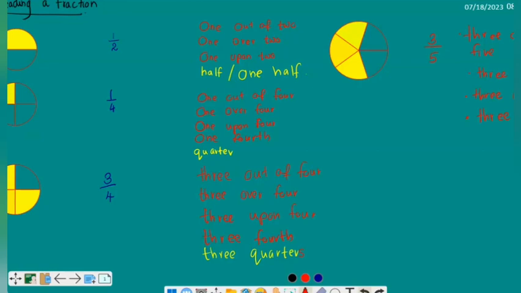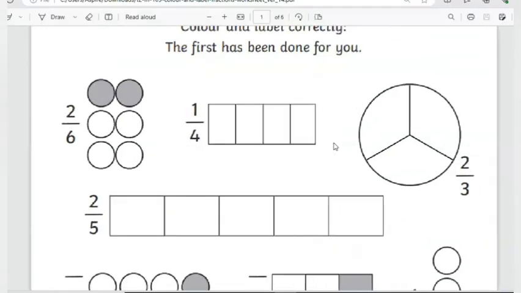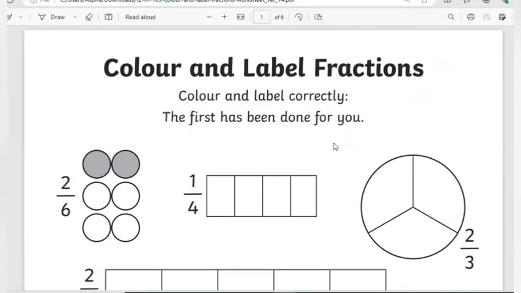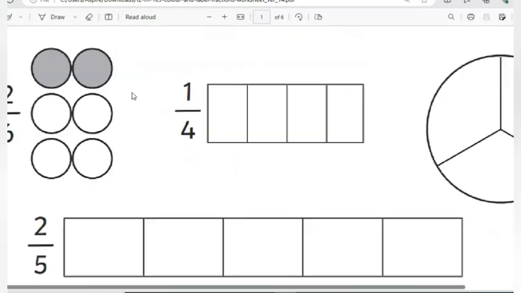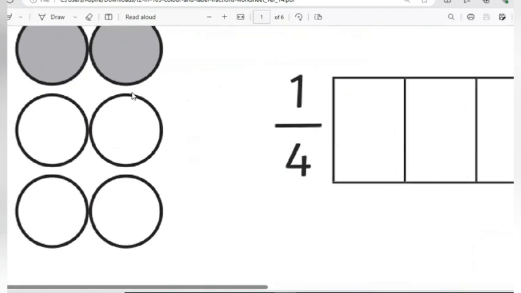Okay, then shall we move to a small exercise? No need to draw this. Please give your answers. Here it is given to color and label fractions. Look at the first one, it is given. That means it is done for you. Here there are 6 equal parts.